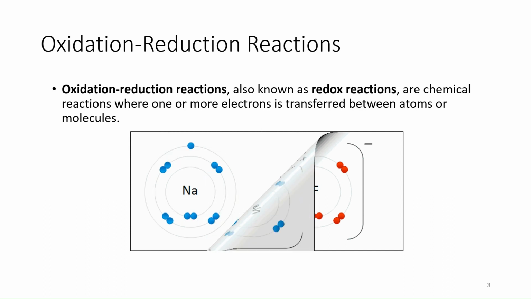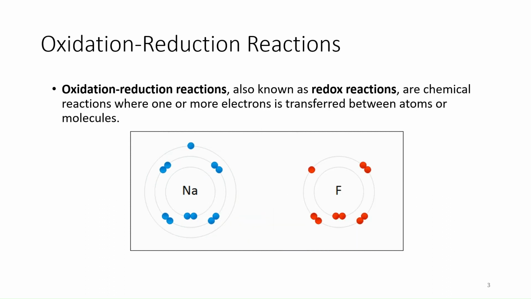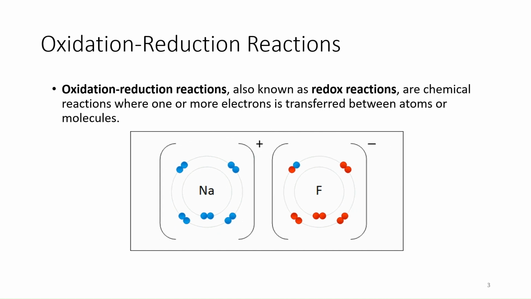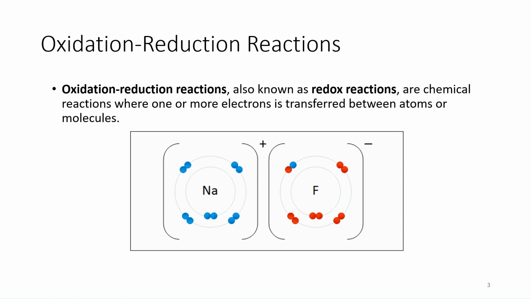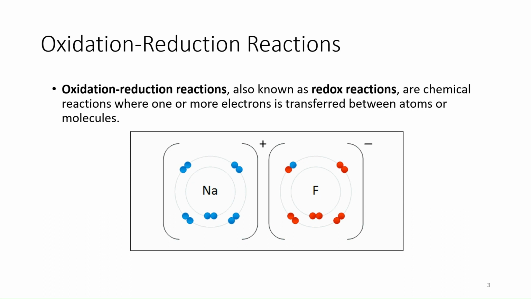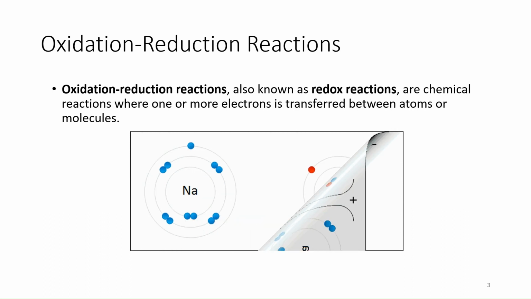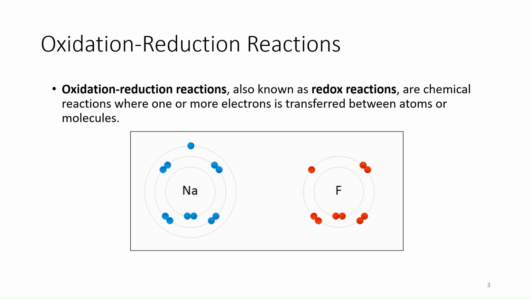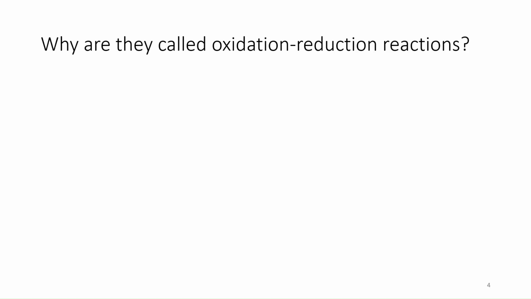So when these two elements come in close proximity with one another, the sodium is going to release one of its electrons, and fluorine is going to take one of those electrons. This is just an example. It's not something you will be tested on, but the purpose of this is to show the relationship of a redox reaction. One of these elements is being oxidized, and the other is being reduced. We'll share in a moment what this looks like.